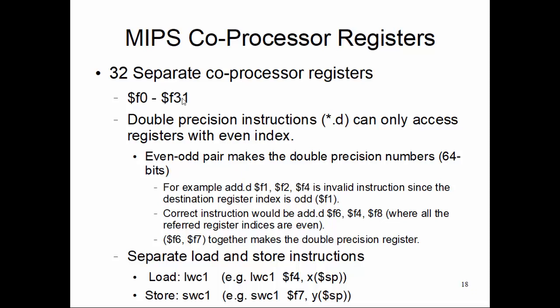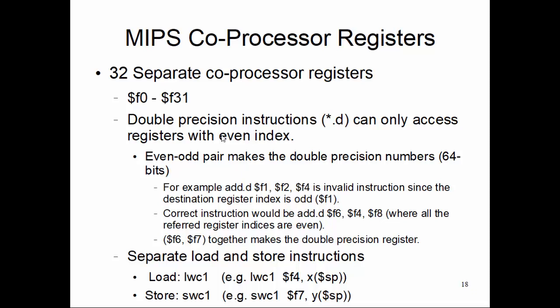That means a double precision instruction, in order to access 64 bits, needs to access two registers at a time. So if a double precision instruction accesses $f0, it is accessing both $f0 and $f1. They are together, which is why they are not allowed to access $f1.